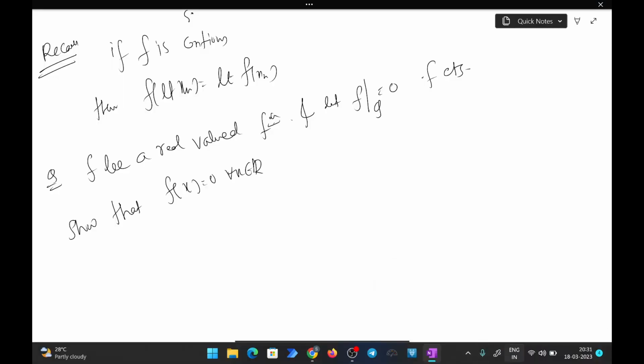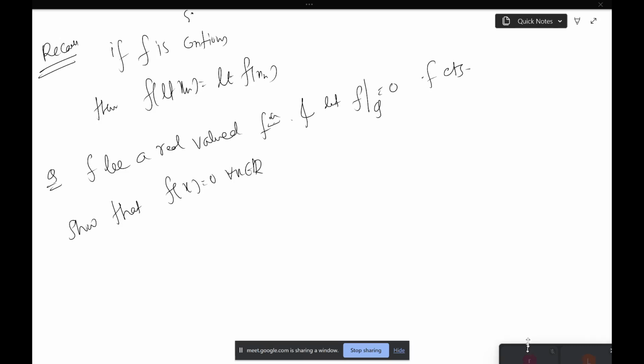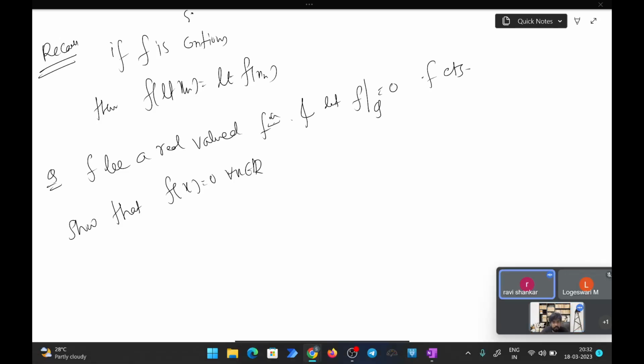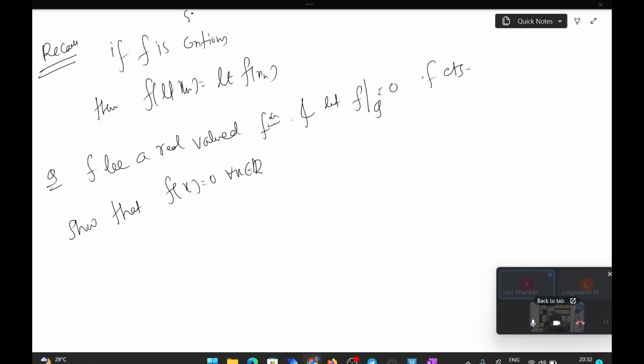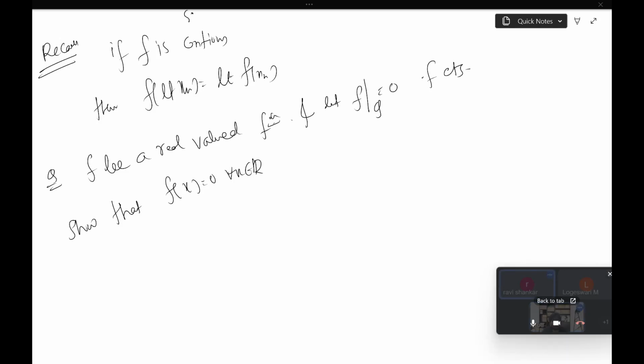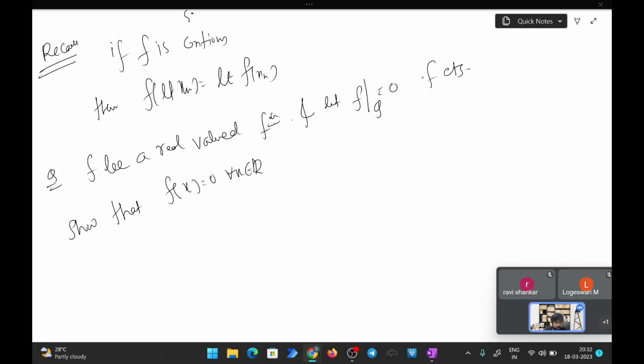Now is my screen visible? Yes, sir, it is visible. How long was it not visible? Sir, I just joined now, sir. Okay. Logeshwari, can you please tell me how long the screen was not visible? Okay, thanks, Ravi.